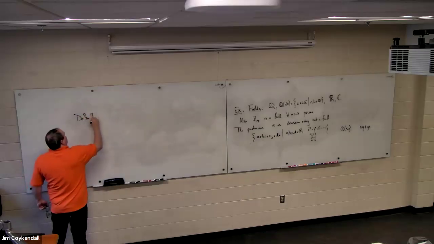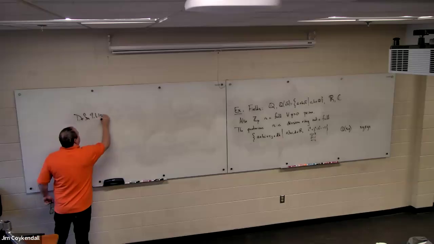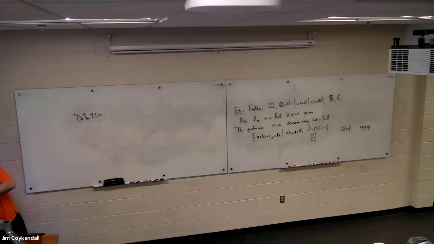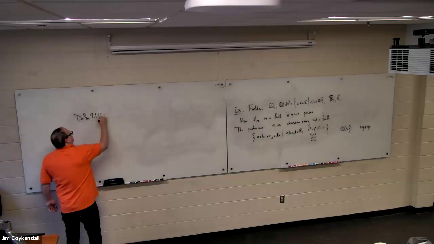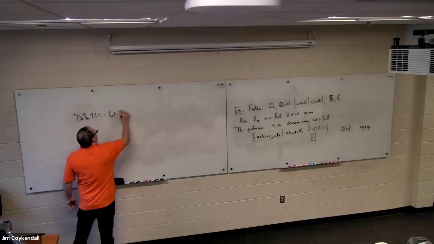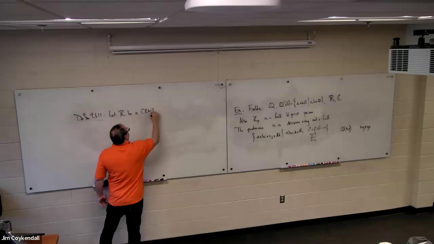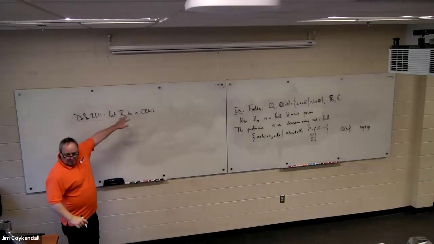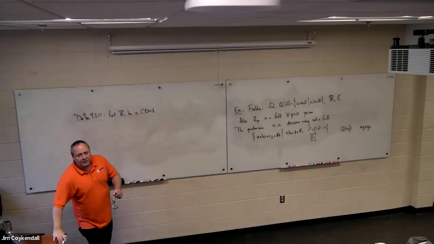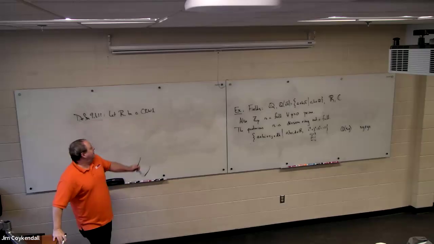Definition. Let R be a commutative ring with one. The "with one" is important here. I'm going to define a concept called integral domain, and there are two things always assumed by it.